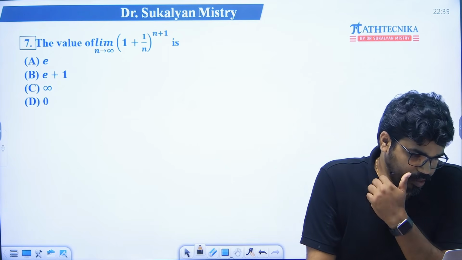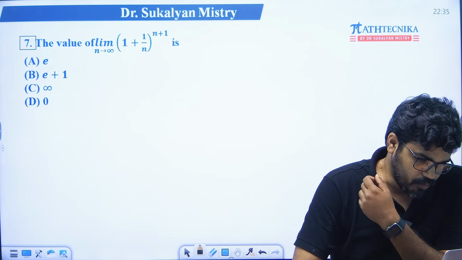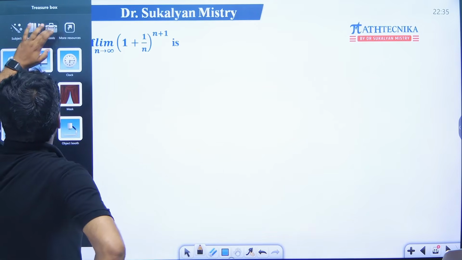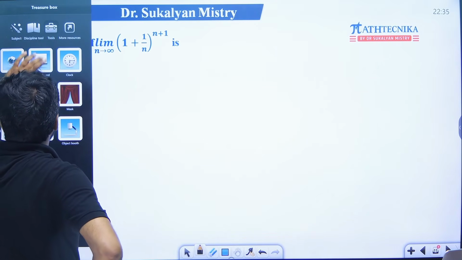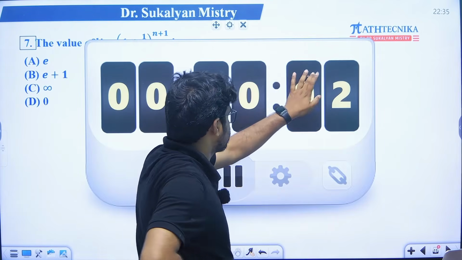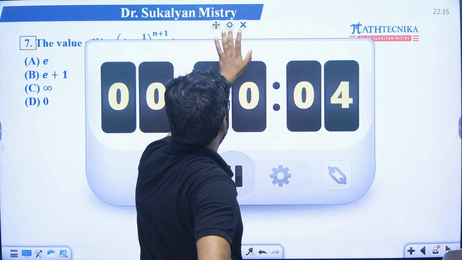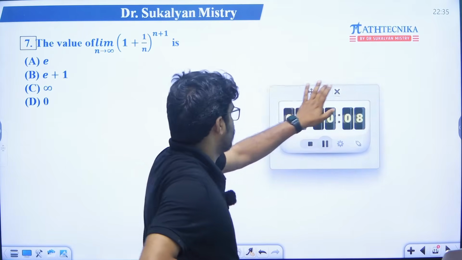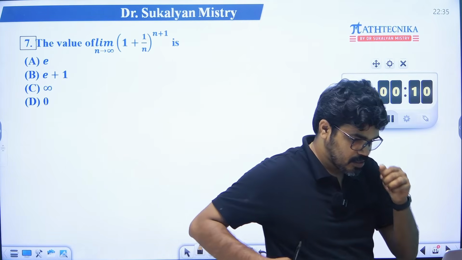of this? What is the limit of this? Try to solve this problem. What will be the answer? Just write on the chat box.